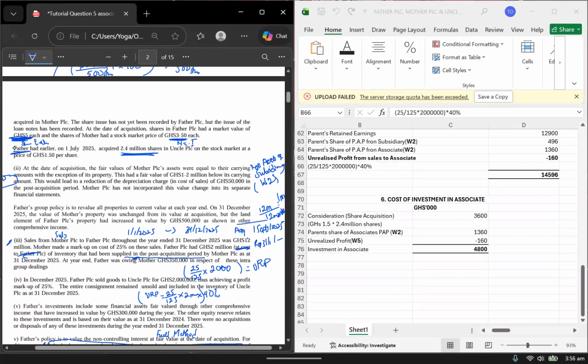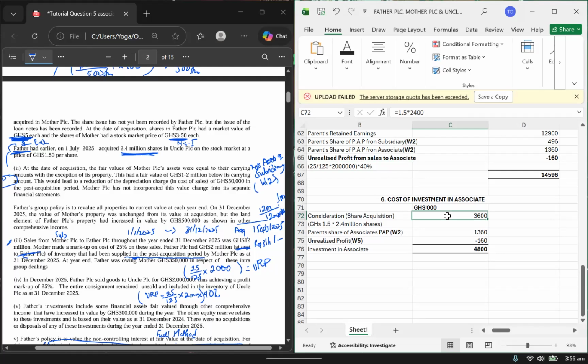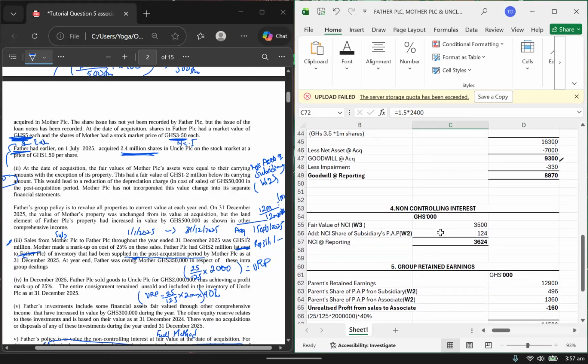But for the associate, we are rather buying shares. So it's 1.5 times the 2.4 million shares. And that's what we did here. So 1.5 times 2,400 gives us 3,600. Then you add the parent share of associate's post-acquisition profits. It's here.